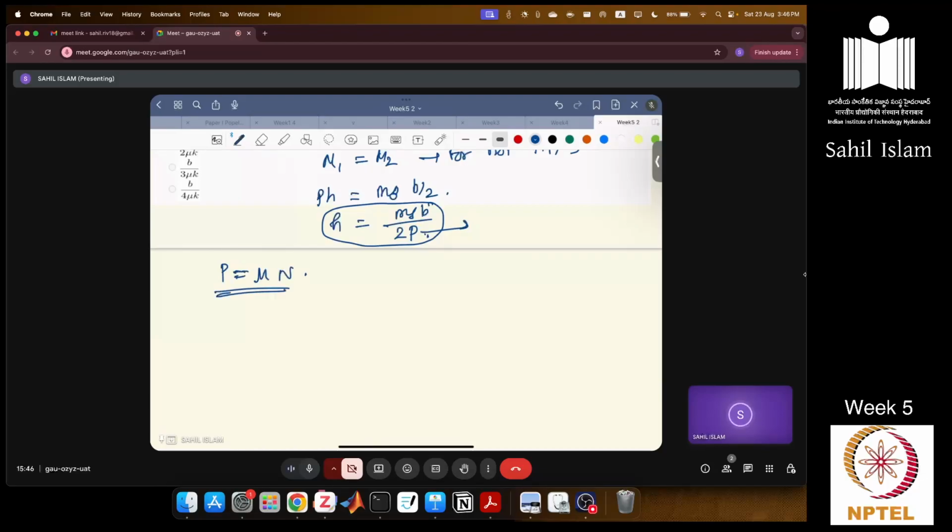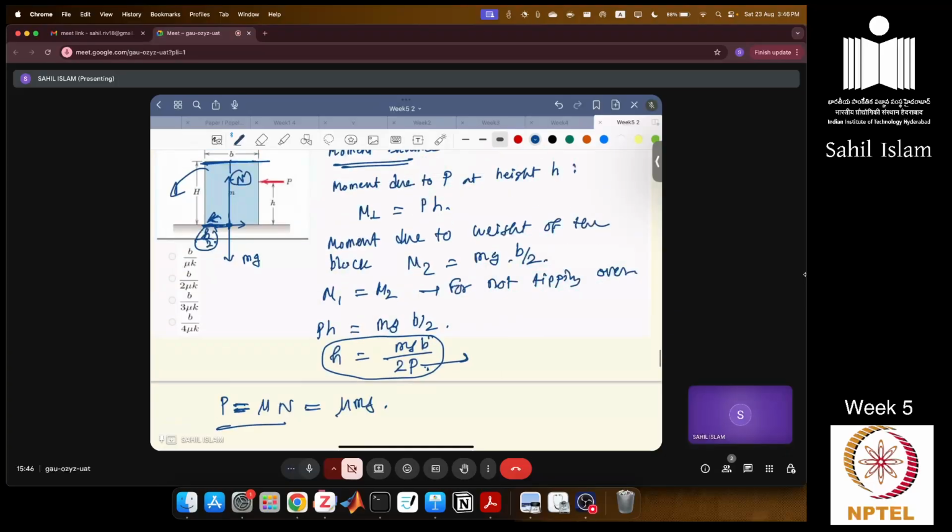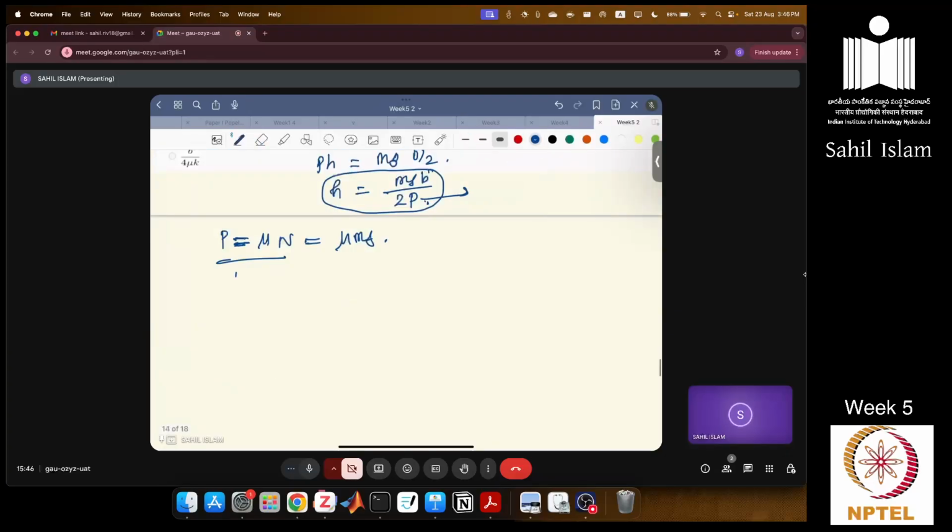So for equilibrium, same amount of force will be there. So mu n, and this n equals mg, so n and mg will be balanced. So H becomes mg b by 2 mu mg. So finally H becomes b by 2 mu k. This is the answer.